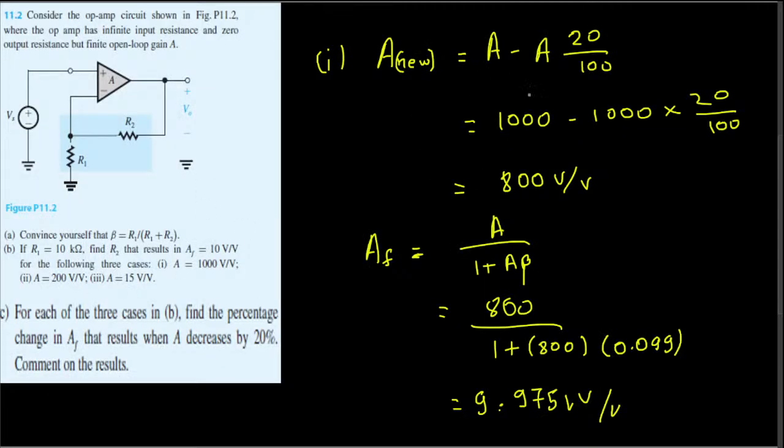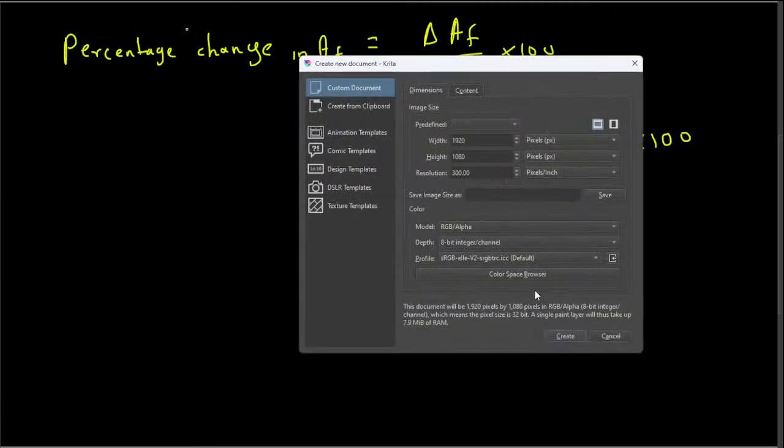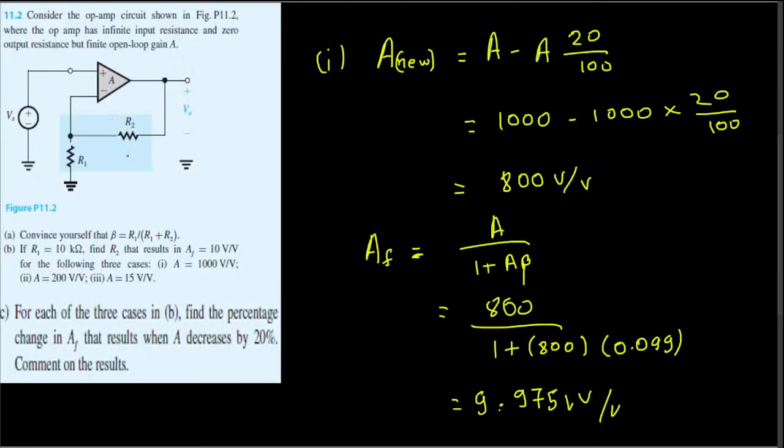We have to follow the exact same pattern. So again, let's do the part 2. In the second part, we have A to be 200 voltage per voltage.